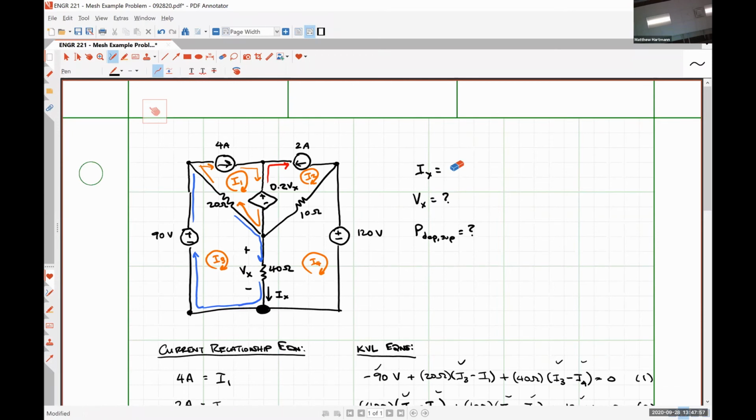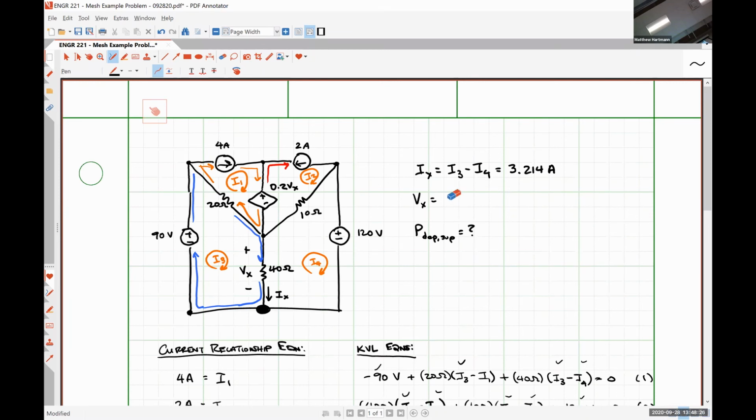How do I relate that to the mesh currents? That is absolutely correct. I3 is in the same direction as it flows through the middle branch. I4 is in the opposite direction. So Ix is simply I3 minus I4. So that is 3.214 amperes.